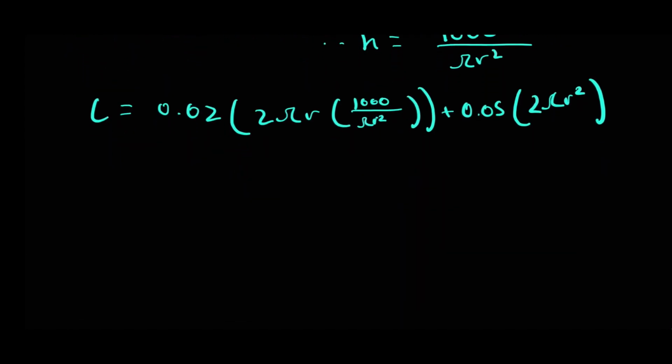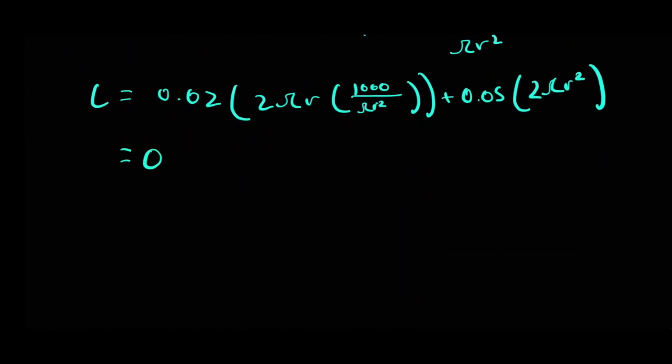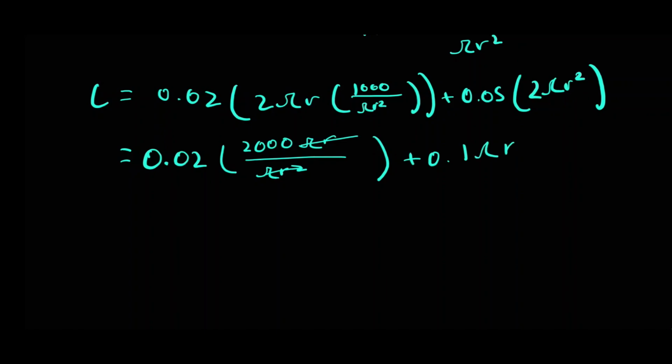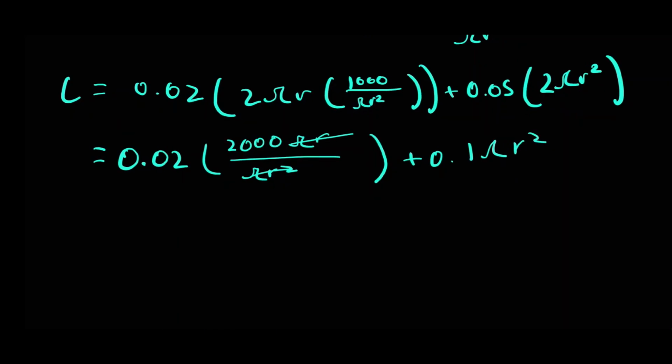And now I'm just going to simplify this so we can get it in a form where it's easier to differentiate. So let's rewrite it as 0.02 times 2000 pi r over pi r squared, and then we can also cancel out the pi r, and then go plus 0.1 pi r squared.